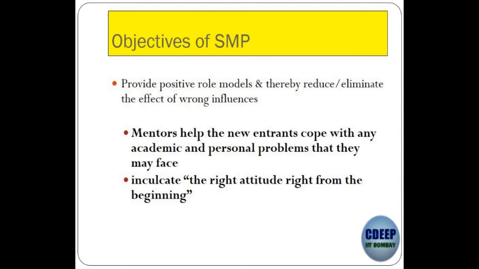Now I want to give you some example of what is meant by right attitude right from the beginning. One of the wrong notions that our students pick up very early is that if they are not good in academics, they have to be very good in something else.